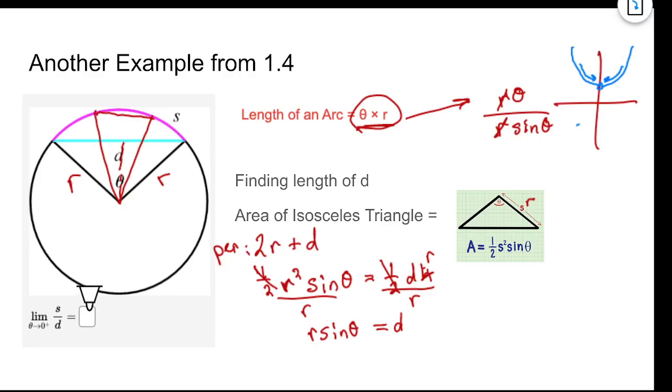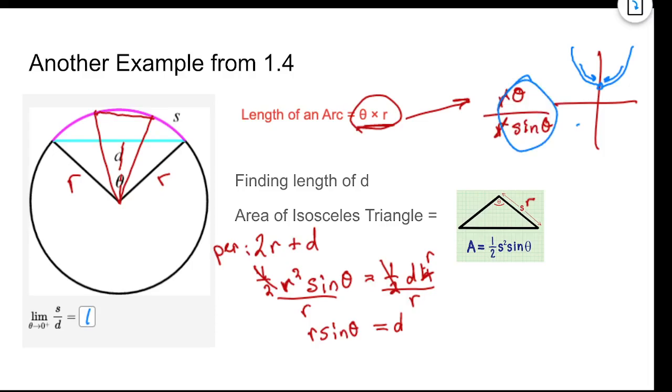So the answer here is going to be 1. They basically get to 0 relatively at the same time. There are some other parts to the graph, but this is the one we're interested in, as we're getting close to 0.